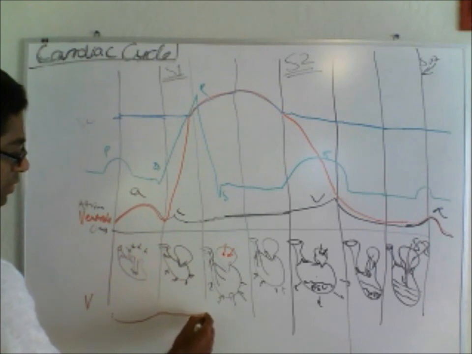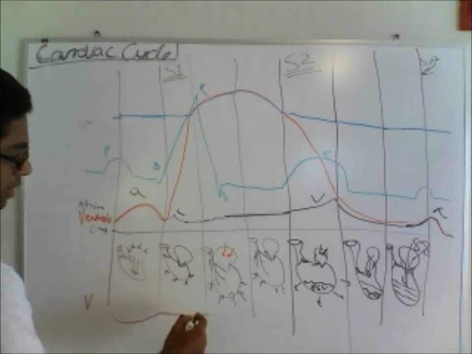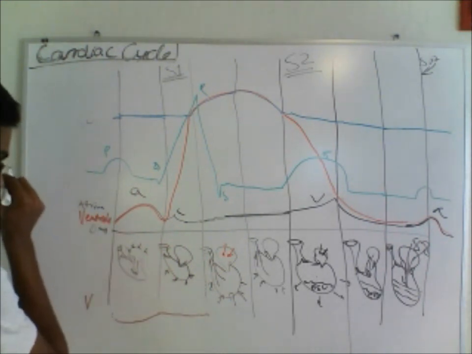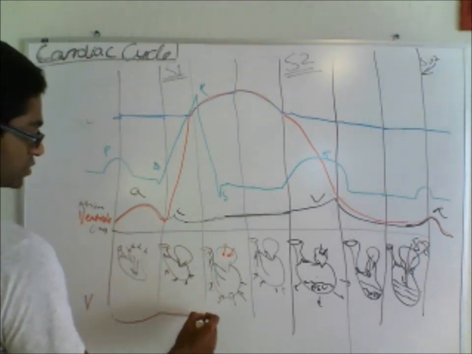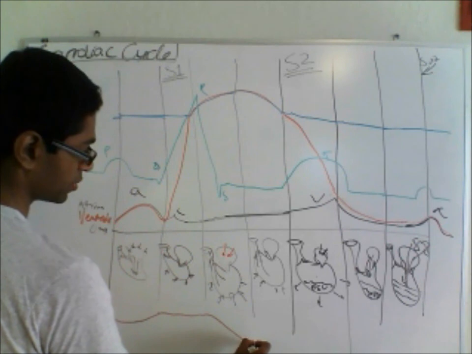Okay. And now here we'd have that opening of the aortic valve, and so yep, volume is going to go down, but it's not going to empty all the way. Okay.